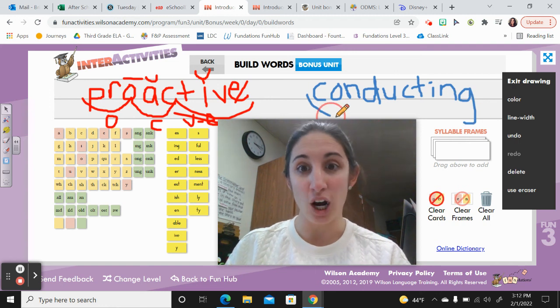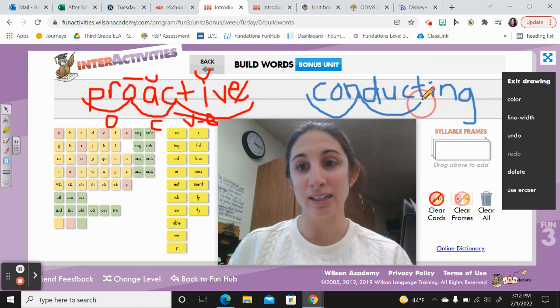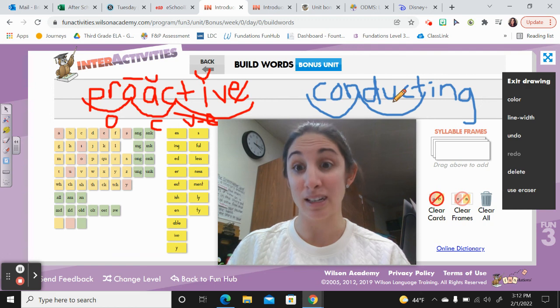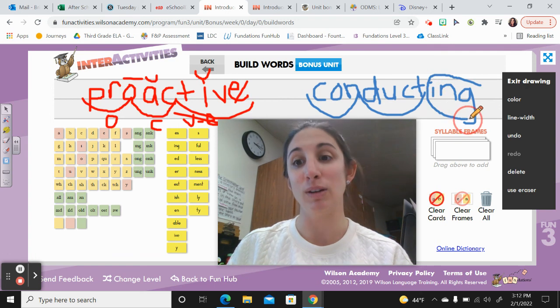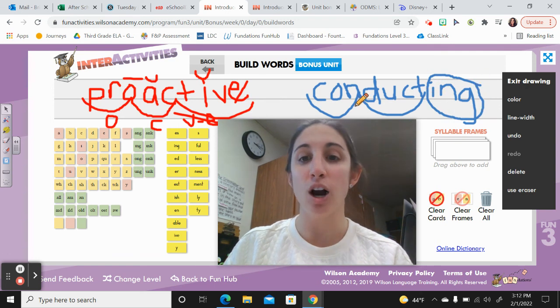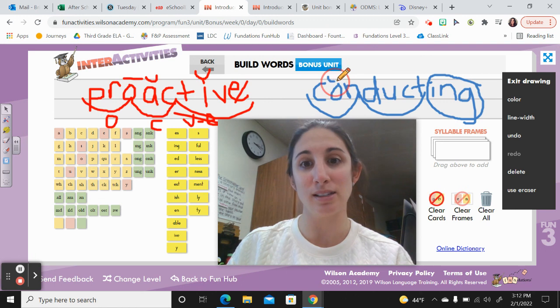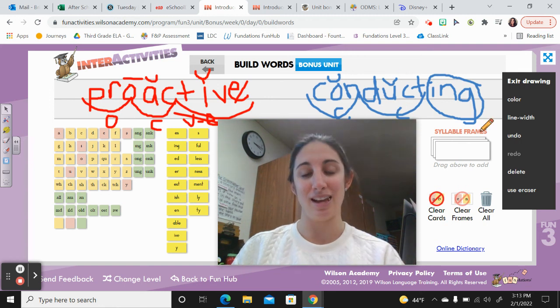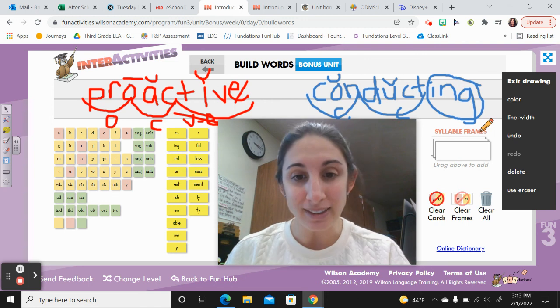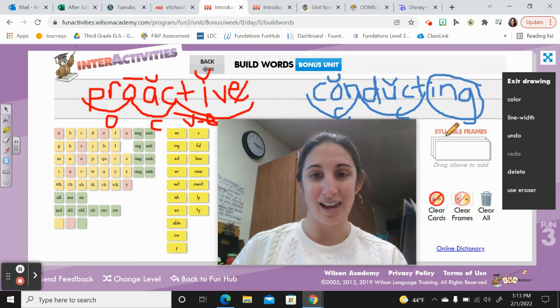Let's see. Conduct. Do we ever scoop suffixes? Because conduct is a base word, so this isn't just like ring-ing. This is the suffix. We have to circle it, right? Okay, the prefix. What kind of syllable? Because that's a short vowel, that is closed in. How about duct? Same thing, right? Short vowel, closed in. Conducting. All right, third grade, that was good practice today. I will see you back next time. Great work.